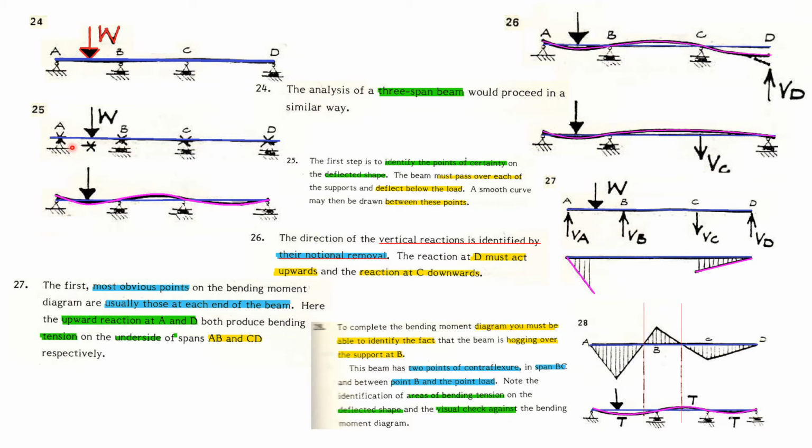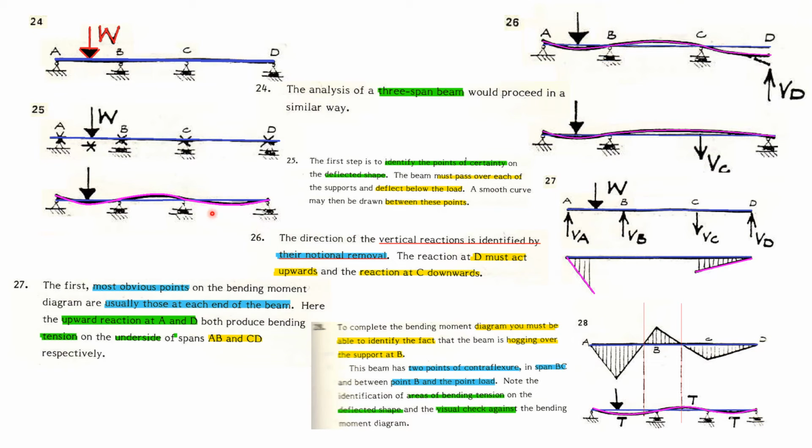The beam must pass over each of the supports and deflect downward below the load. A smooth curve may be drawn between these points, and the direction of vertical reactions is identified by their notional removal.